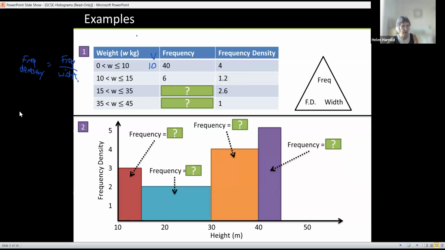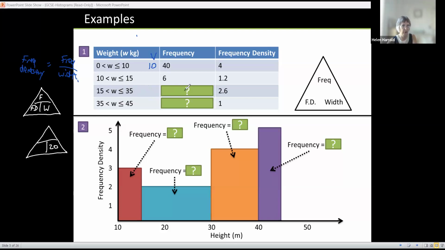But then this one, I've got to use a bit more thinking, because I have to figure out the frequency. It's more helpful to do frequency density here, and frequency here, so I'm making it into that triangle thing. In this triangle now, I've got the width, which for this one is 20.